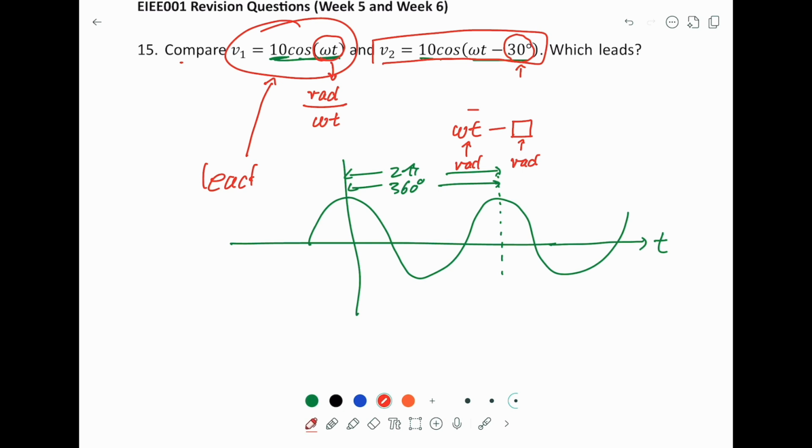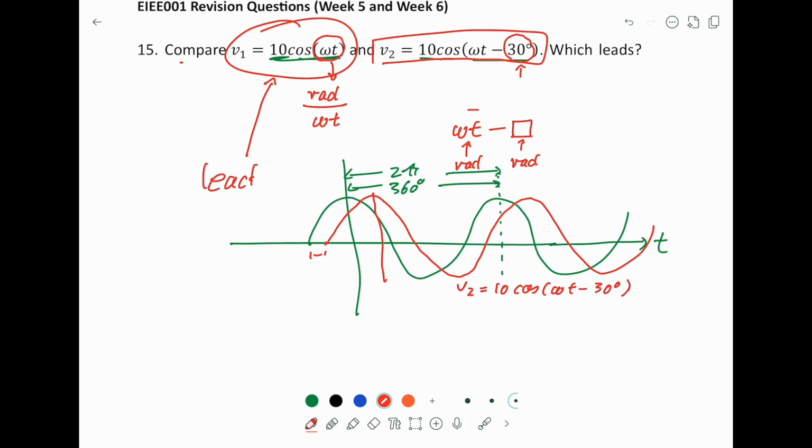How many degrees? 30 degrees. So this is another function, V2 equals 10 cosine omega t minus 30 degrees.